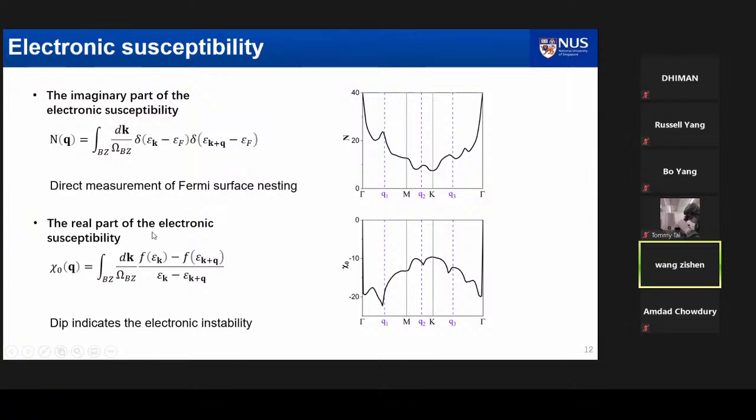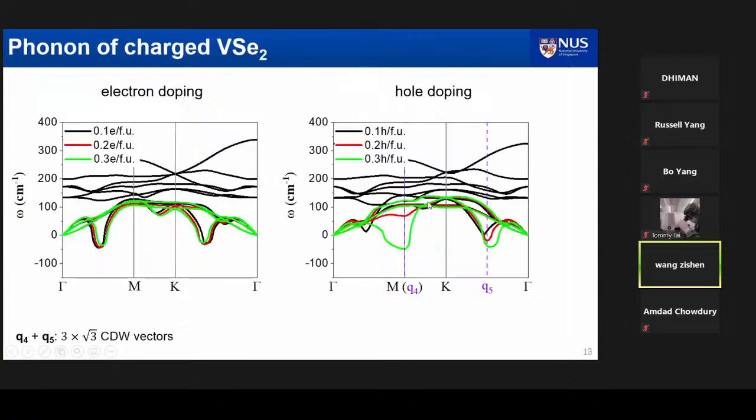Another one is called the real part of the electronic susceptibility. It is also an integration in the first Brillouin zone, with f being the Dirac function, and its dip indicates the electronic instability. As shown in the graph, it's clear that the local extrema of both the imaginary part and the real part of the susceptibility are very close to the CDW vectors, which supports the Fermi surface nesting understanding.